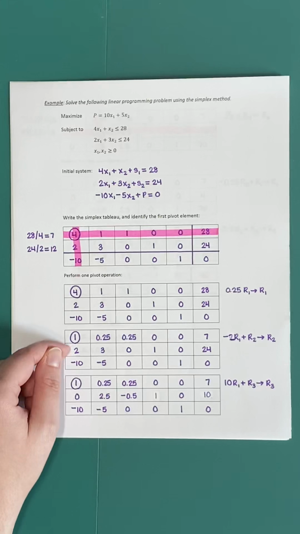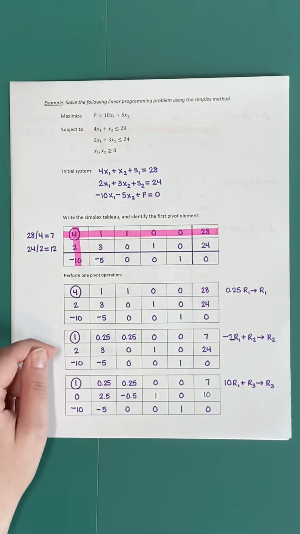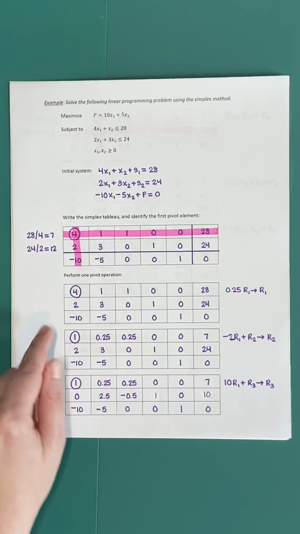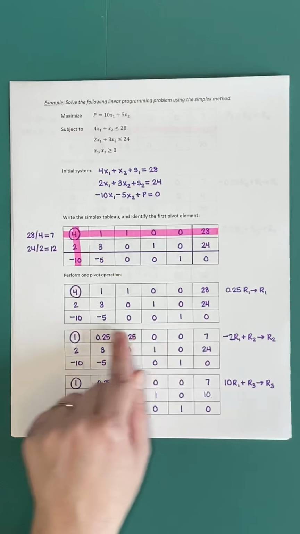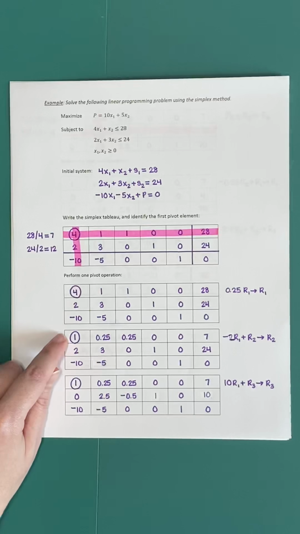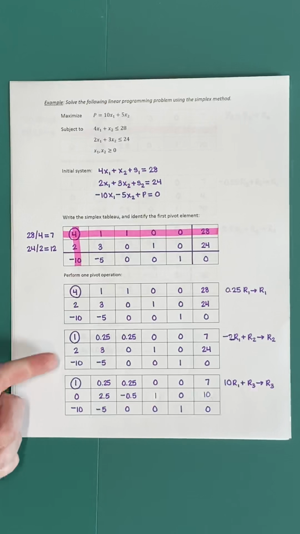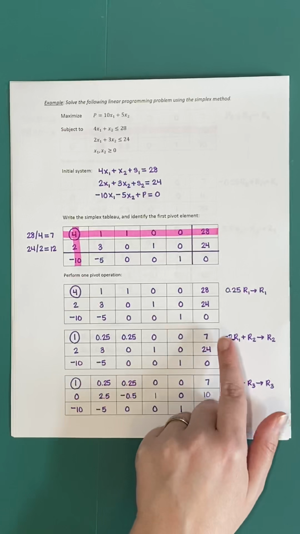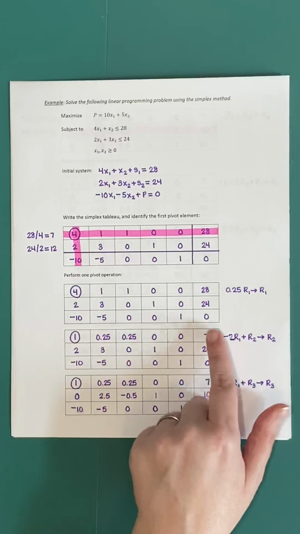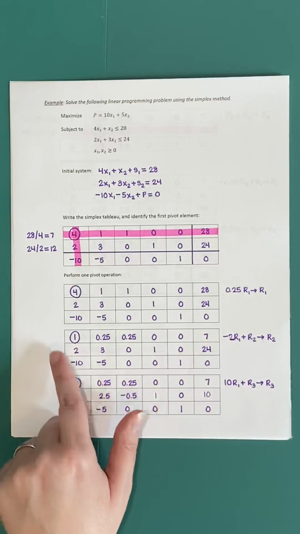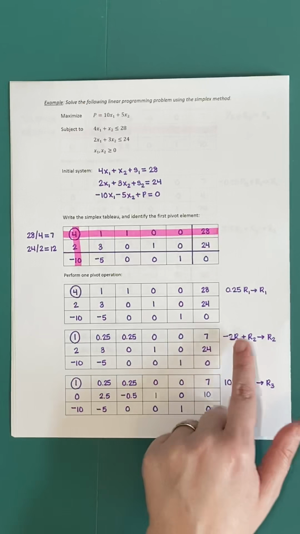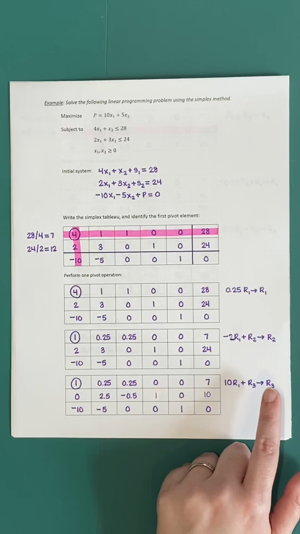What would I have to add to a 2 to eliminate it? Well, I'd have to add a -2 to it. So if I were to take the first row and multiply that row by a -2, and then use that to combine with the second row, that's going to take that 2 and it's going to clear it and it's going to give me the 0 that I want. So my next step is going to be -2 times row 1 plus row 2, the row I want to clear, and I'm going to take the result and put it in row 2.